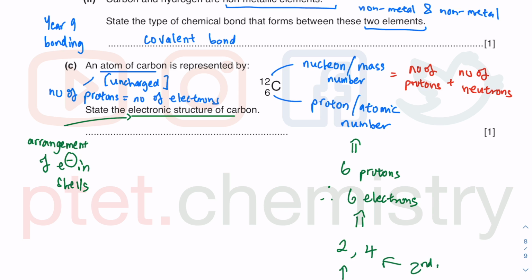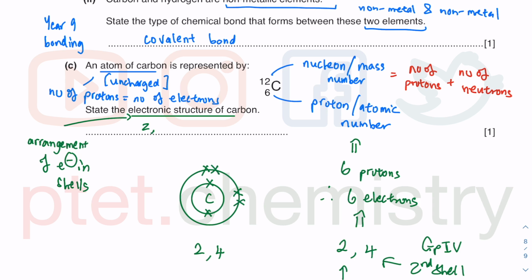You are a group 4 element because you have 4 electrons in your outer shell. You are a second period element because you fill the first shell and go up to the second shell. So it will look like this, as you have done quite a lot of times since year 9 chemistry. This is 2,4 electronic configuration for carbon, with 4 electrons in the outer shell, therefore it wants to share 4 electrons to complete its outer shell.